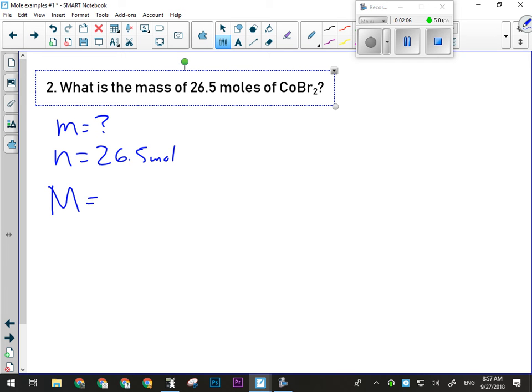So that'll be, cobalt is 58.93, and there's only one of that, plus 79.9 times 2.